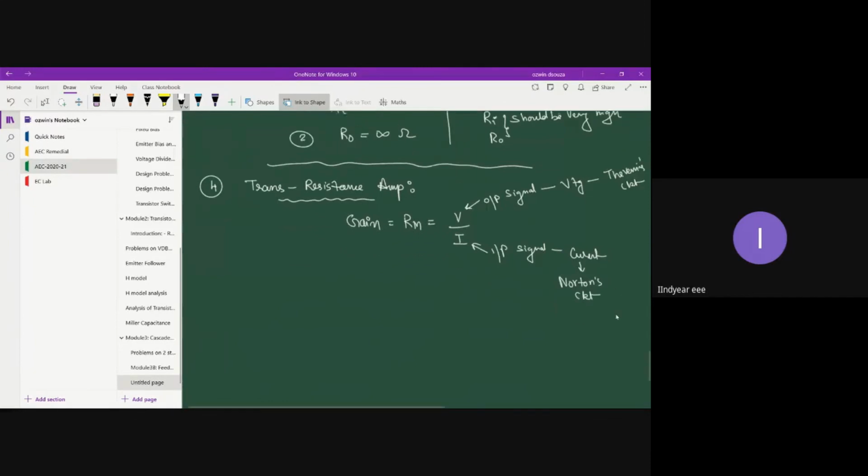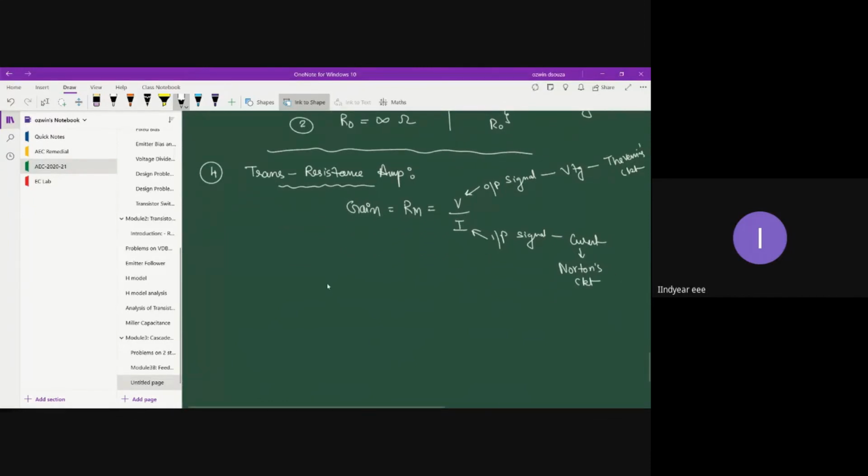So we can build the circuit now. First, let us draw the amplifier. This is your Ri. On the input side you have the Norton circuit, so Ri gets connected to the source resistance Rs, and then comes the source current Is.